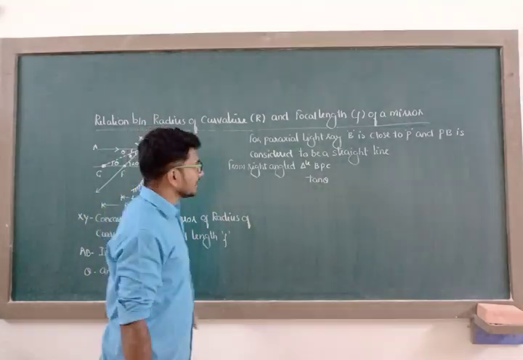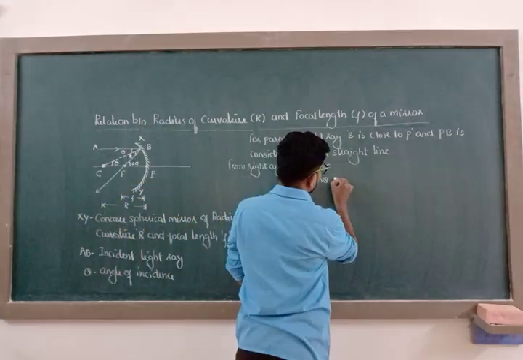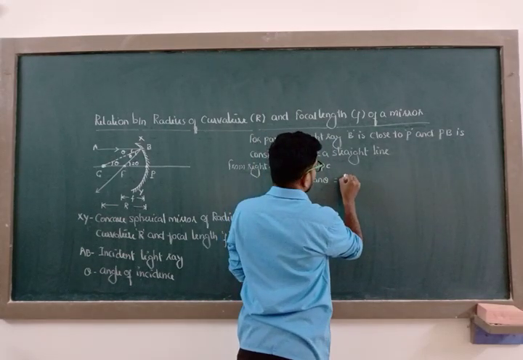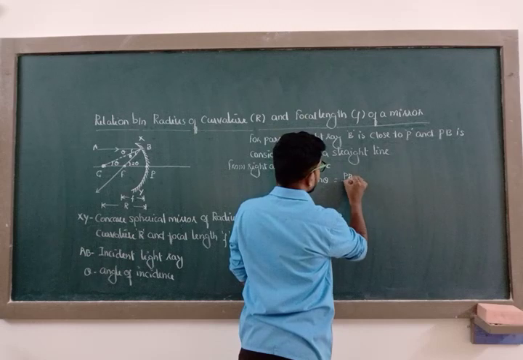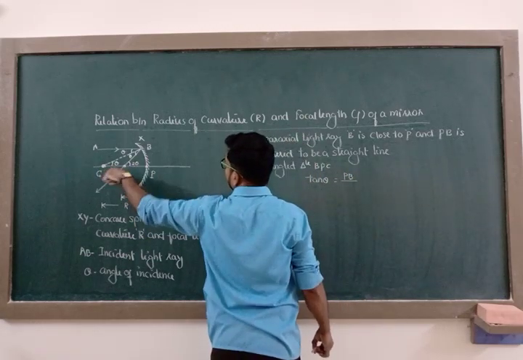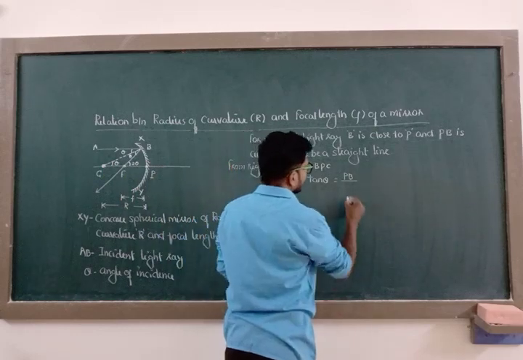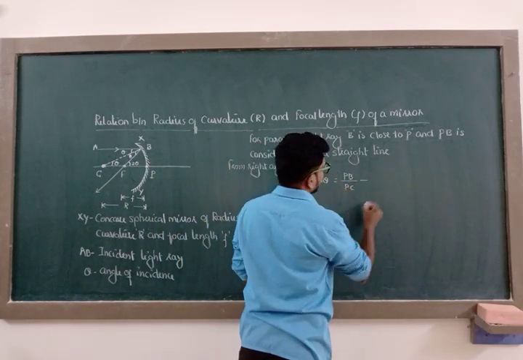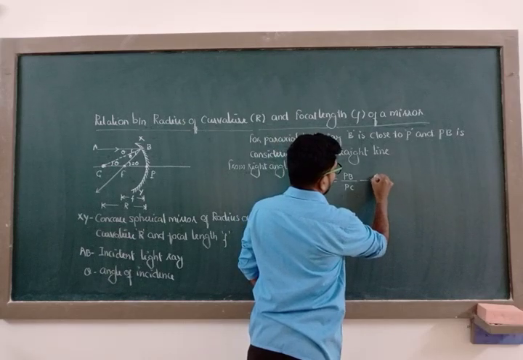So tan theta is equal to opposite side. Opposite side is nothing but PB or BP divided by adjacent side PC. Let us name this equation as 1.